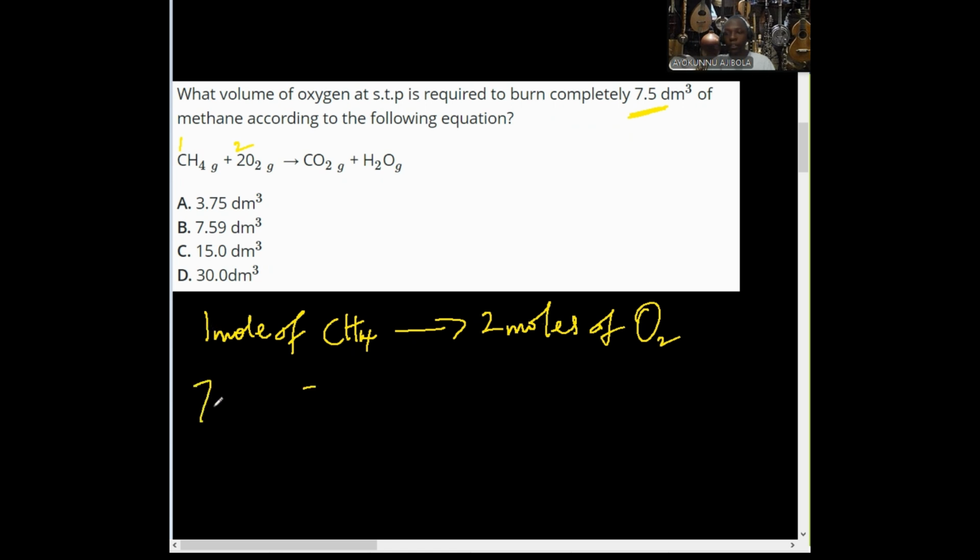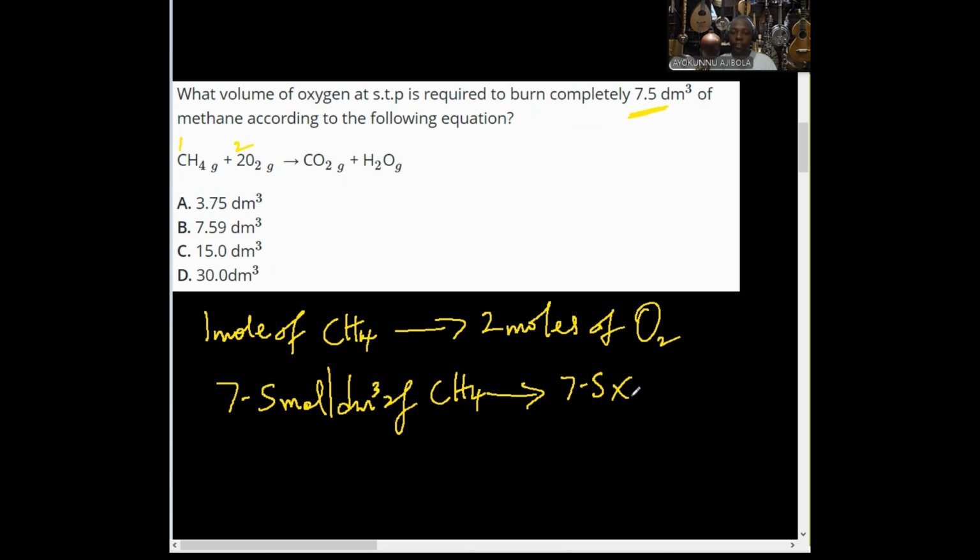So 7.5 dm cube of CH4 will need 7.5 times 2 of oxygen.